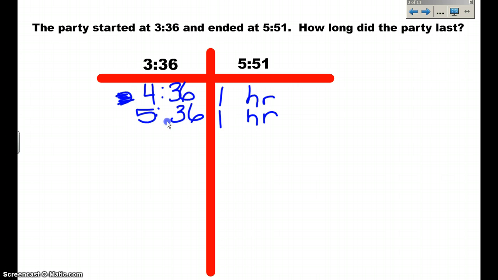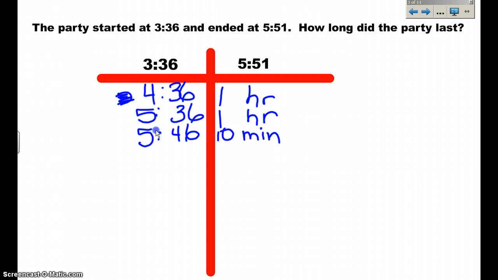So now I have to start counting by minutes. And I'm going to count by 10 minutes. So we've got 5:36, 5:46, and that is 10 minutes. 10 more minutes would be 56, and I can't go to 56 because my time ends at 5:51.